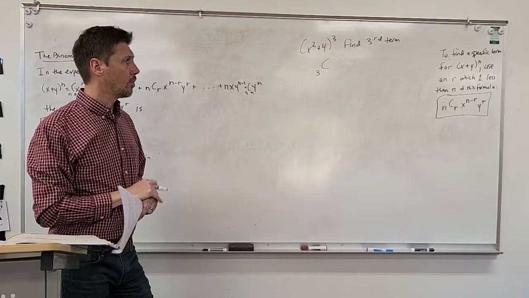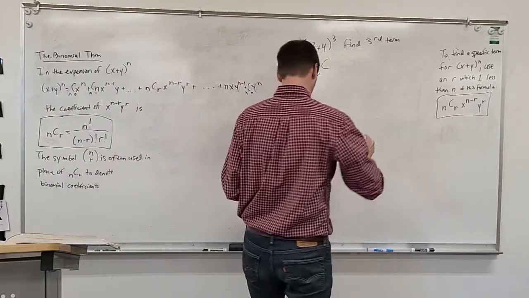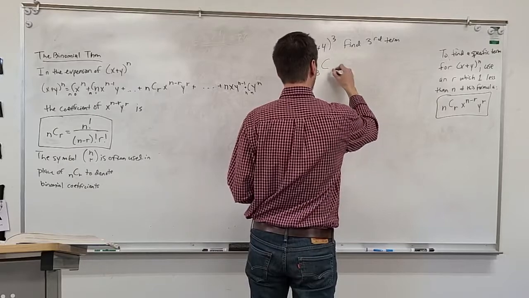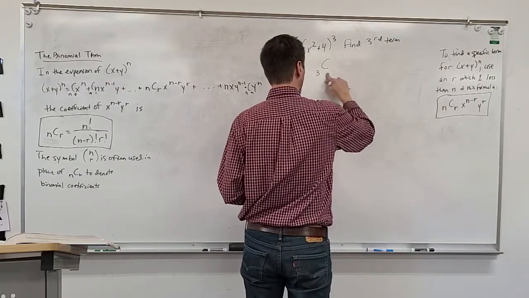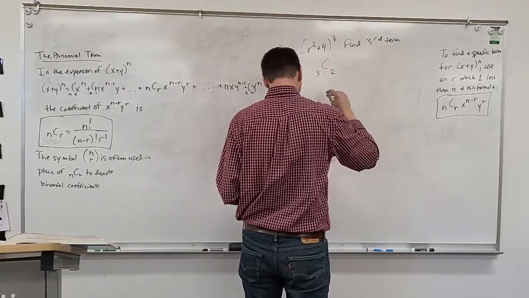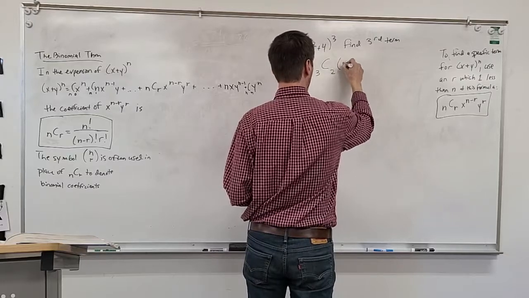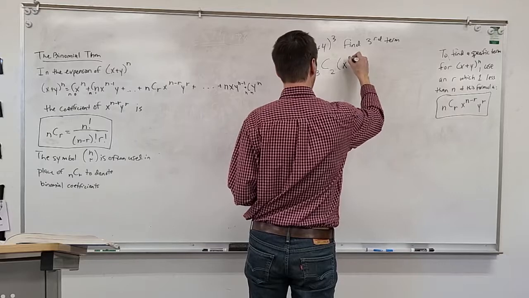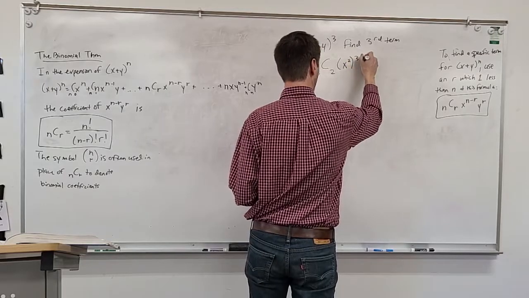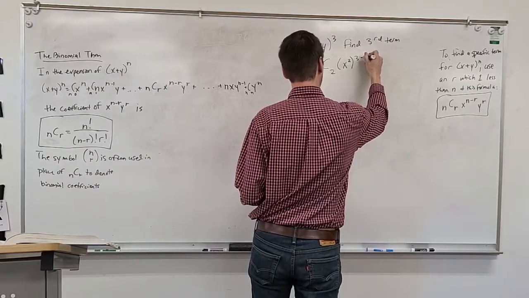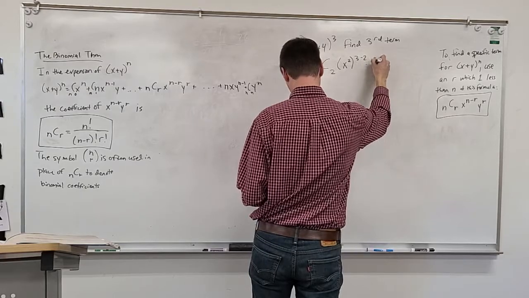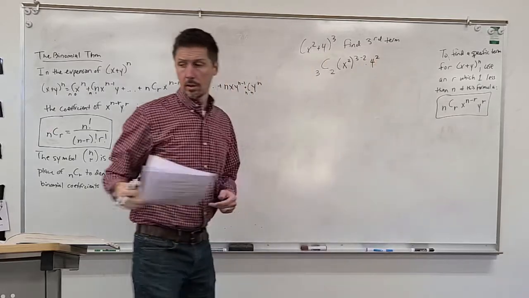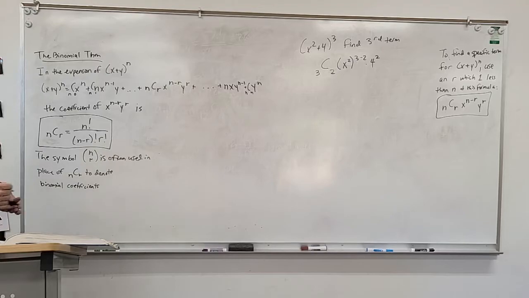And we use 1 less than that for the r, so that would be 2, sorry, 2, and then finally x squared to the (3 minus 2) times 4 squared. So do you see how I plug those numbers in?